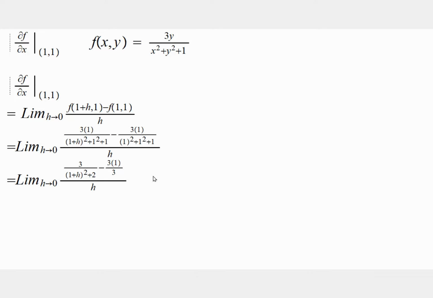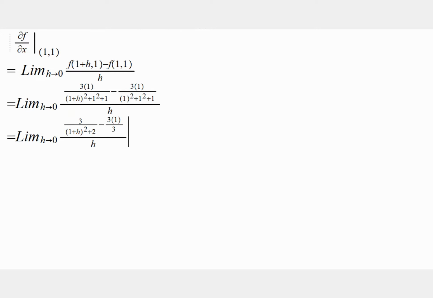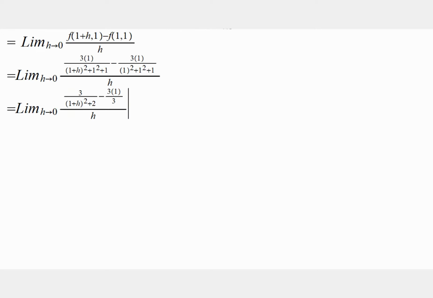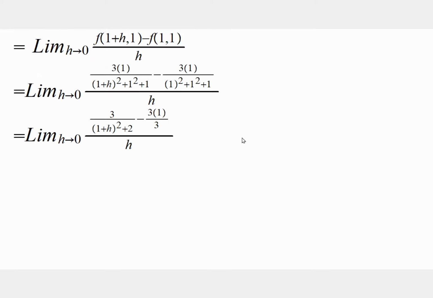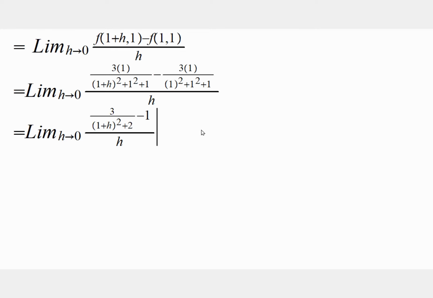Let me enlarge these fonts because I don't know how well visible they are to you all. Yeah, hopefully this is good. So the 3's also cancel, and what we get here is simply a 1.